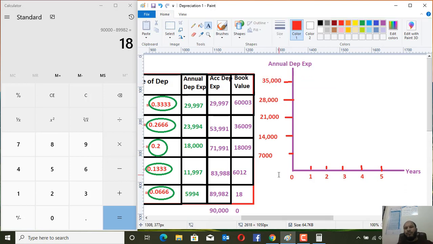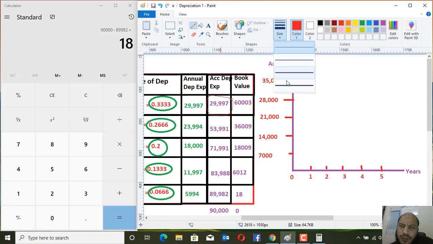Now see dear students, our results show that in year 1 our annual depreciation was equal to how much? 29,997. So we will have this place for 29,000.